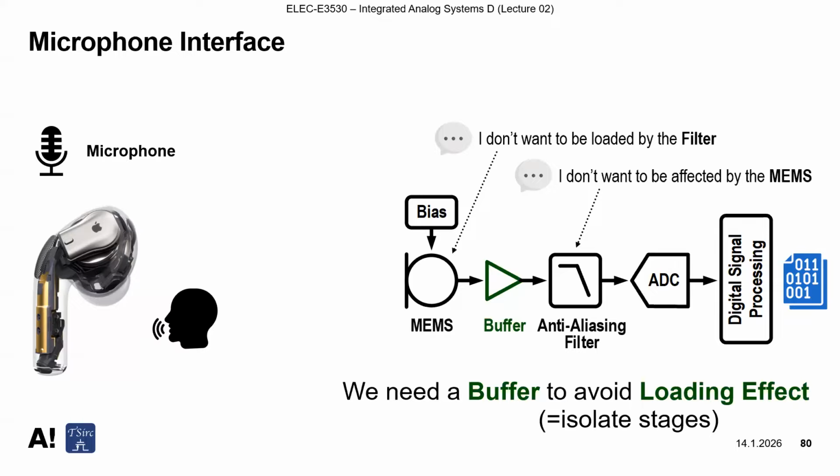For the MEMS microphone, I don't want it to be loaded by the filter because this can affect MEMS microphone operation or performance. On the other hand, for the anti-aliasing filter, I don't want it to be affected by the MEMS. I want to precisely set the cutoff frequency for the anti-aliasing. For this purpose, a buffer can be used to isolate the two stages. And a buffer plays a very important role in analog circuit design.